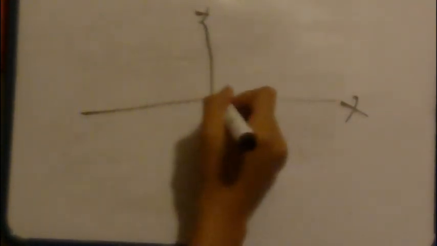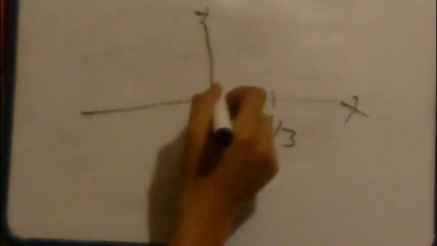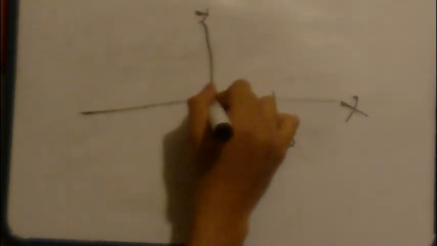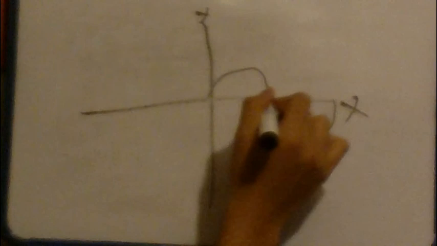Here's my y-axis and my x-axis. And 4 over 3. So it was a negative concavity before it reached 4 over 3. So it was basically like this. And then when it reached 4 over 3, it turned to a positive concavity. So like that, basically. And that's our second derivative test.